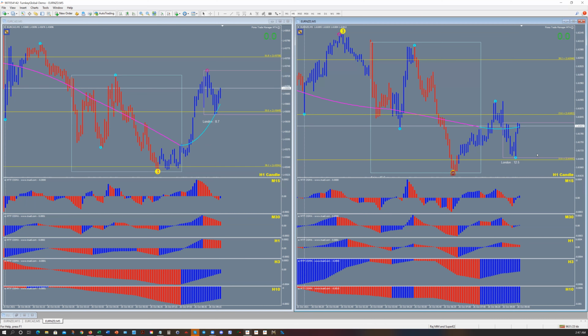If I'm not taking add-ons, I'm just taking a single trade, then you can do 6 pairs. Now, if you could develop a robot for this thing, put it on all 28 pairs, go to sleep. I don't trust robots.